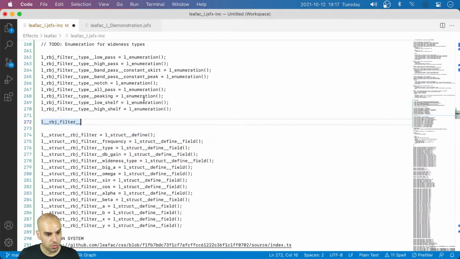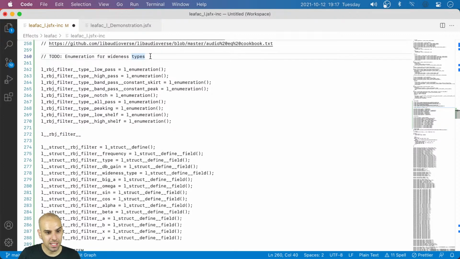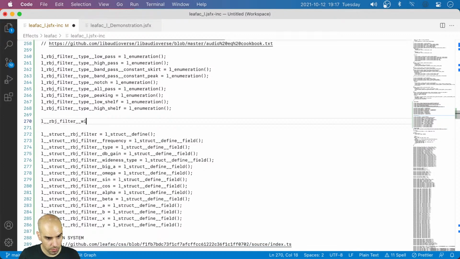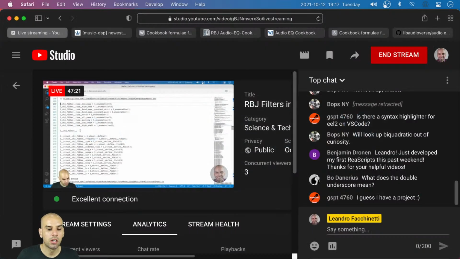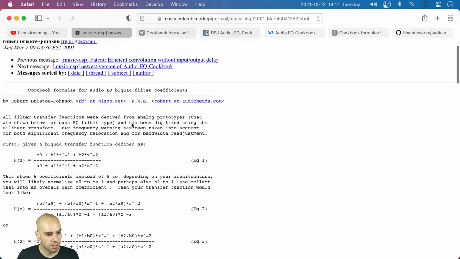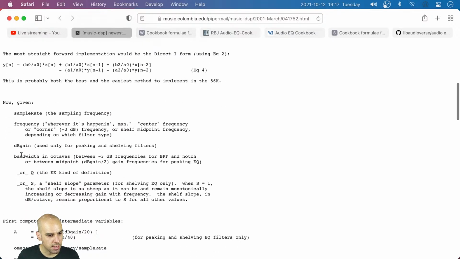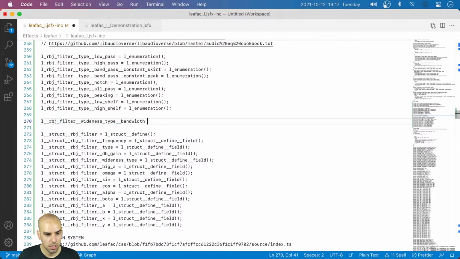All right, so in terms of wideness types, see, wideness type is a concept, double underscore, then we have bandwidth, Q, and S. Oh, and did you see that? I just used autocomplete, but it's not autocomplete based on any smart thing.